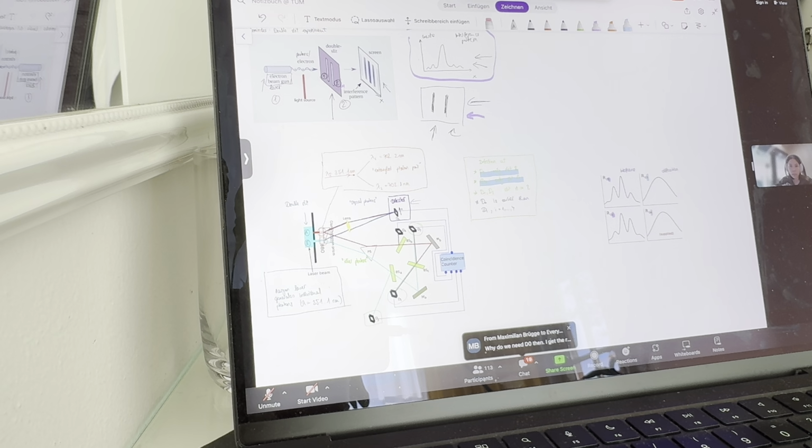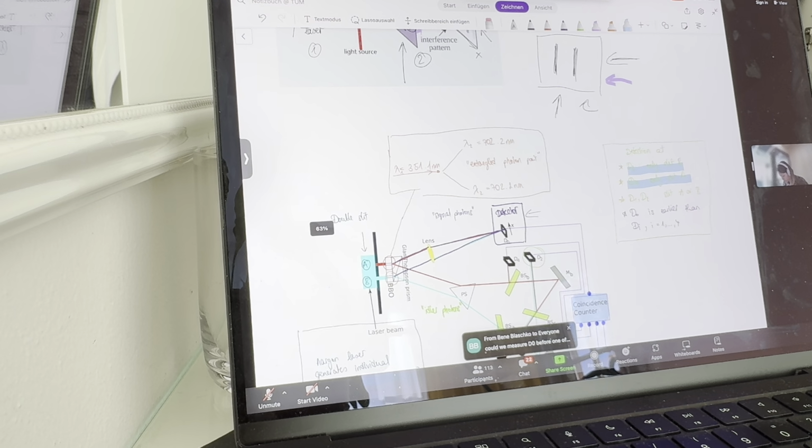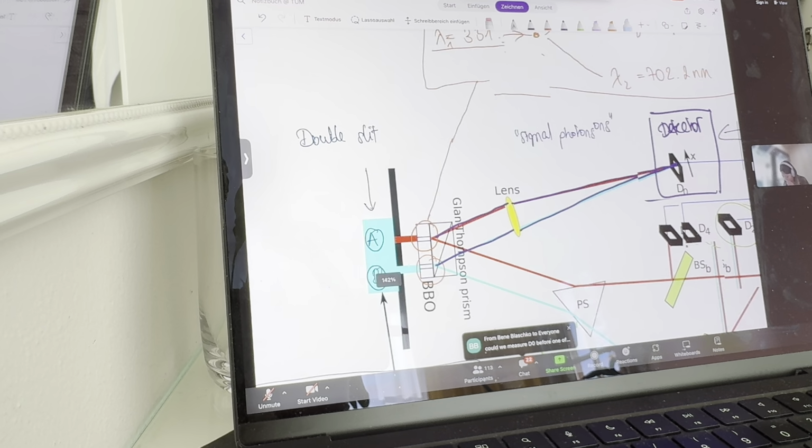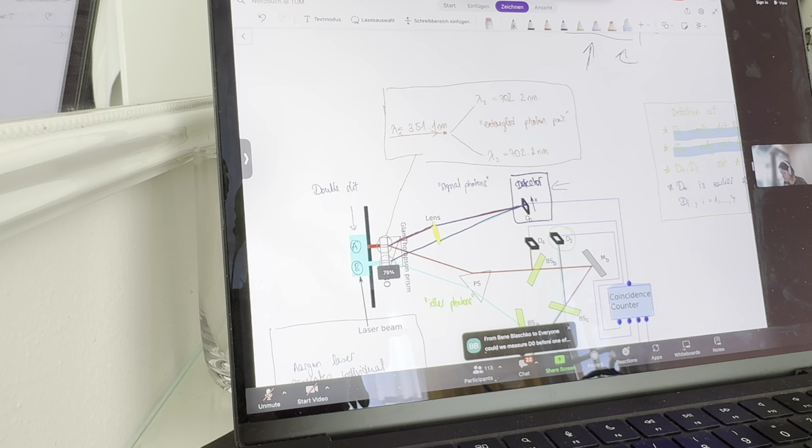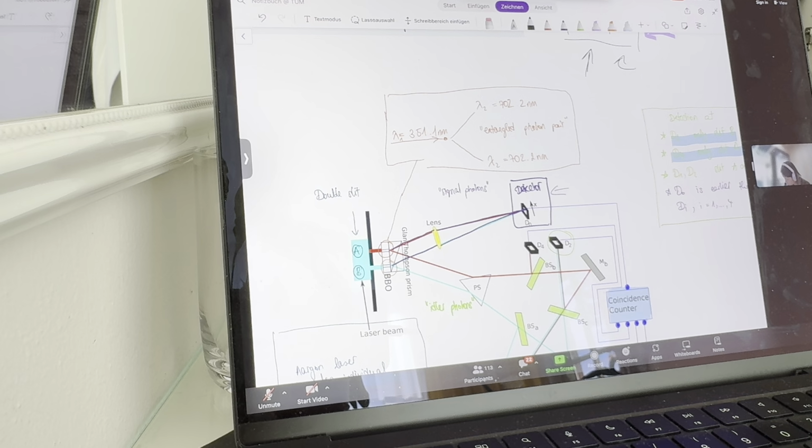Okay, what's the difference between signal photons and entangled photon pairs again? Yeah, that's a good question. So you have one photon traveling either through A or B. This is here in the very beginning.